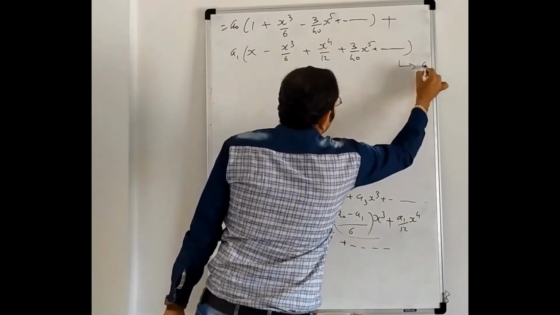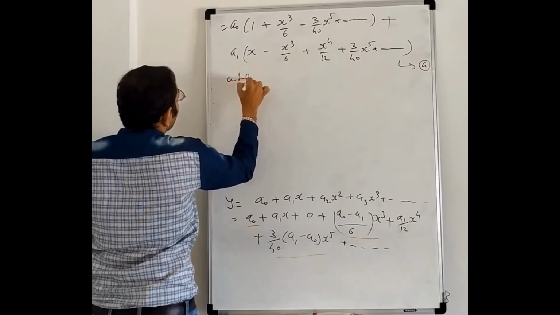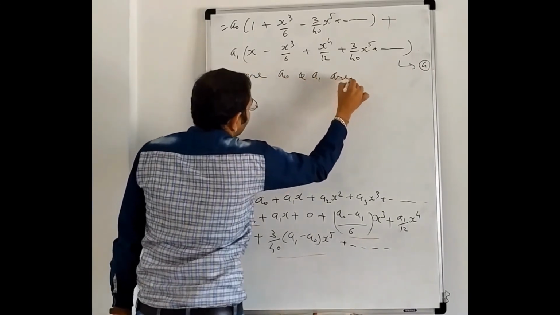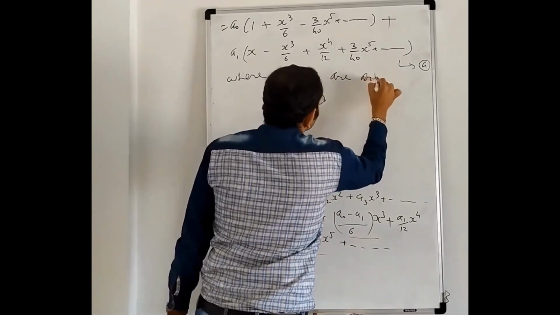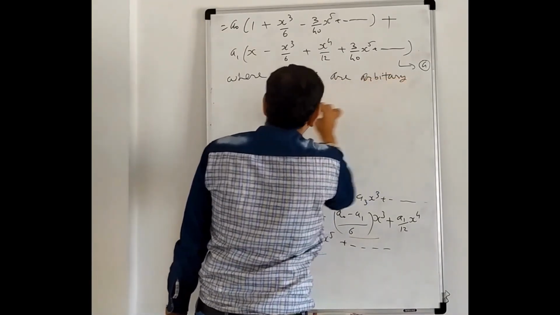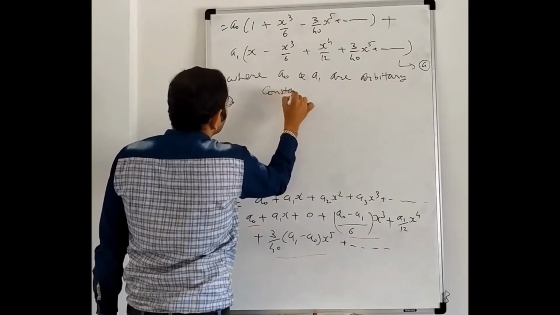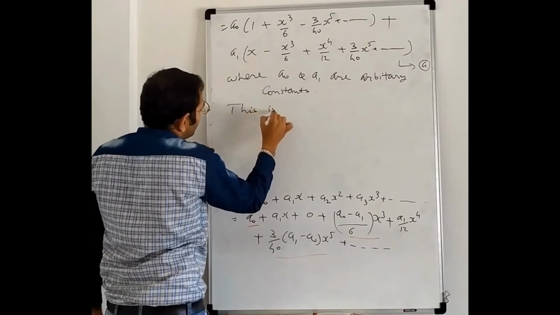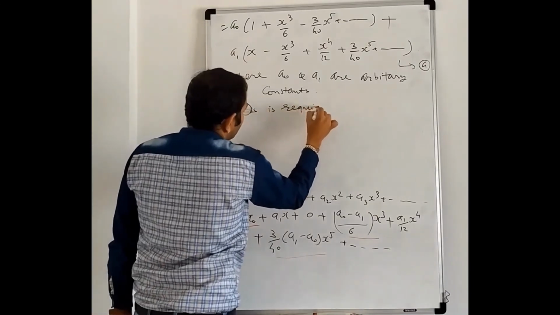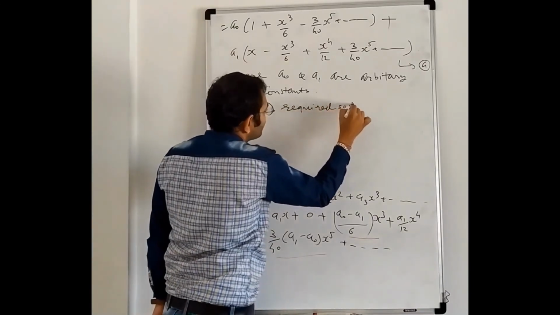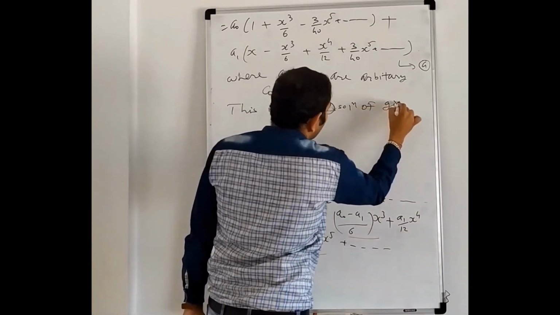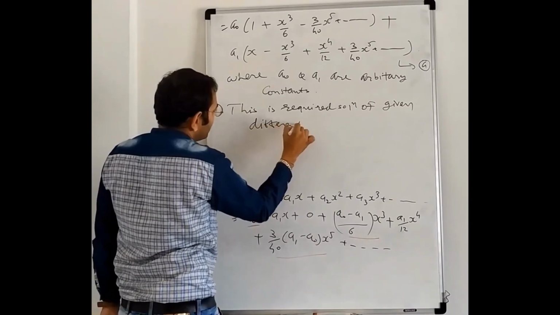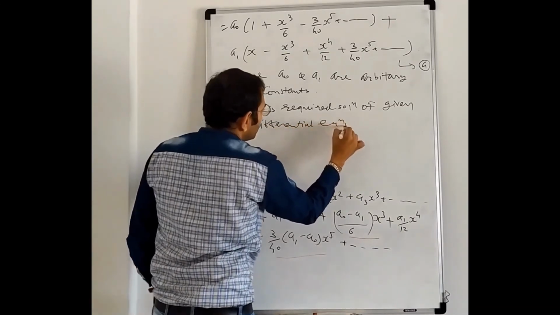That is equation number A, where a0 and a1 are arbitrary constants. This is the required solution of the given differential equation.